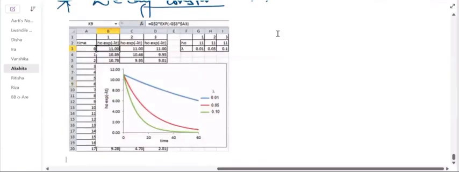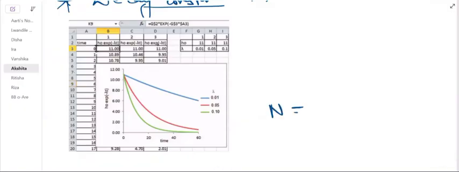Check. So in this, they are decaying exponentially with time. What is the formula for this? So this is known as the exponential decay, and the formula is N equals N naught e to the power minus lambda t.